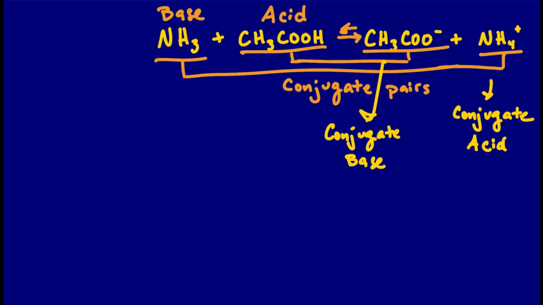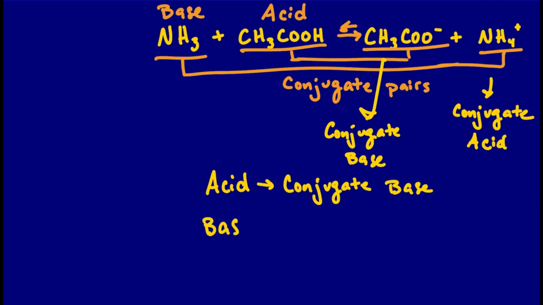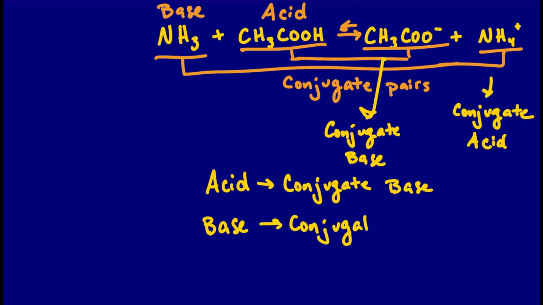So when we think about our conjugate pairs, the acid turns into a conjugate base, and our base turns into a conjugate acid. Again, if we do not have a salt and water as products, we start thinking about these conjugate pairs, the conjugate acid and the conjugate base, to describe the properties of these products and whether or not they're going to act as an acid or a base in the reverse direction of our reaction.